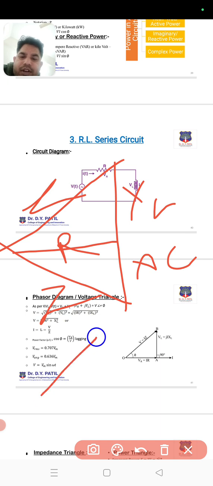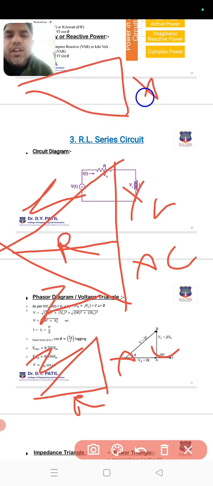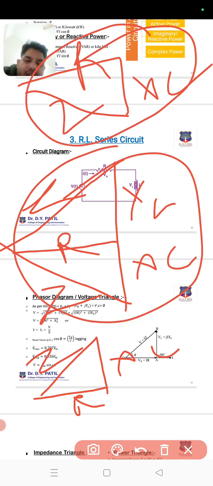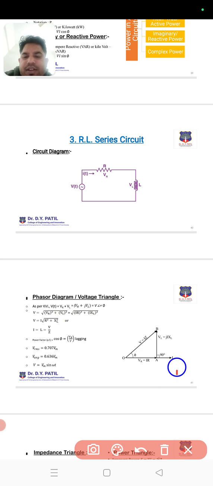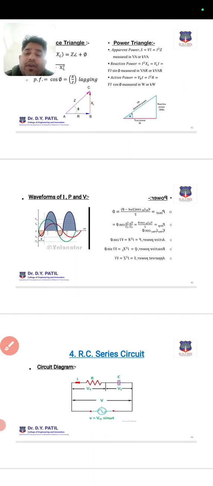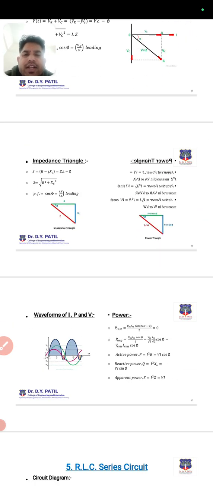For the inductor we just have to draw the triangle with XL, R and Z. For the capacitor we draw the triangle with XC, R and Z. By the Pythagoras theorem we can find everything: voltage, current, capacitor values. We have already learned the waveforms of the RL circuit and RC circuit, and the same has to be applied.